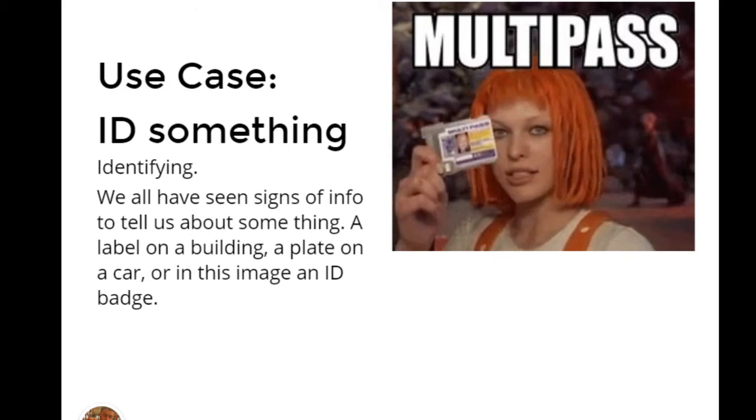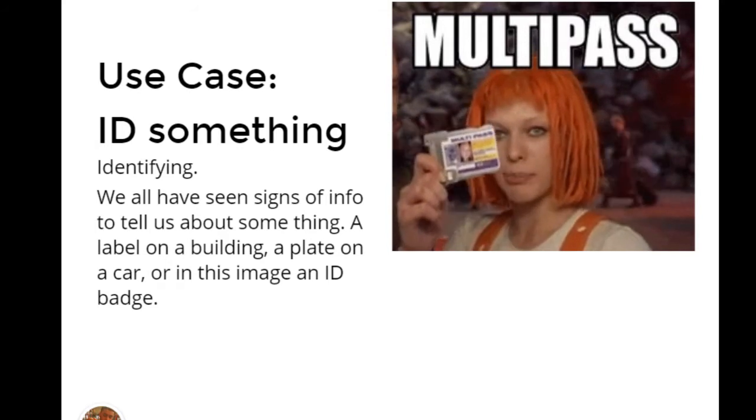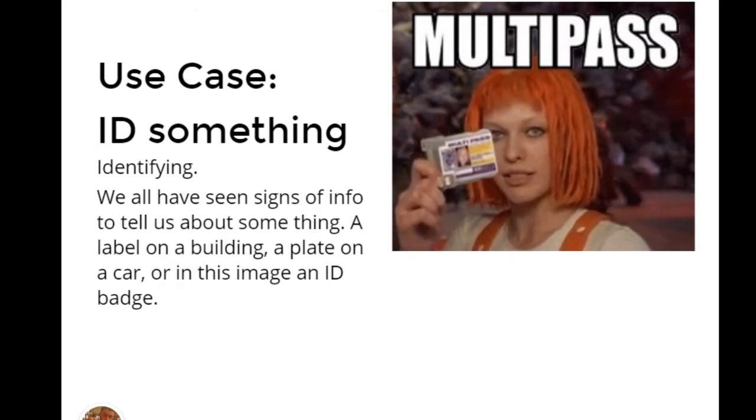IDs. Leeloo's multipass here. This is a card she carries with her image on it. And this is how, in the movie, when she's trying to get into the airport, this is how they identify who she is. They put that card, which is some sort of electronic reader card, into a proprietary machine that goes back to the centralized database.